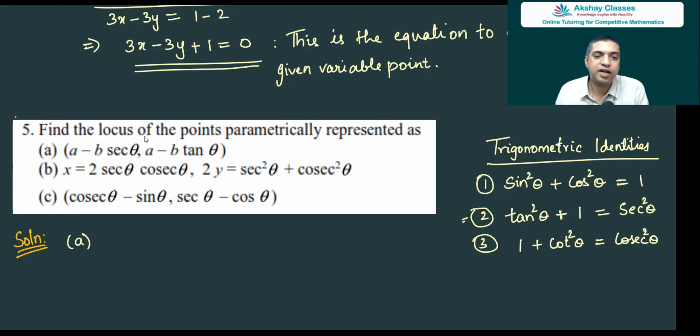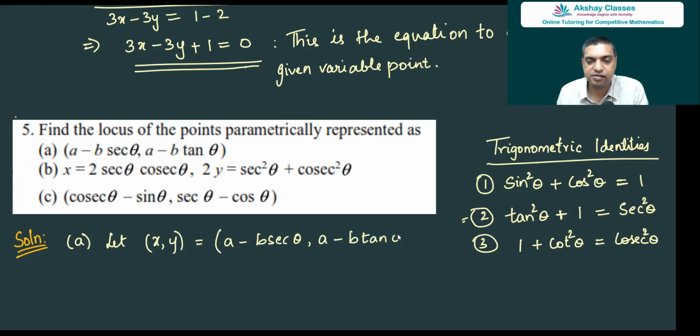So now find the locus of the points parametrically represented as: a minus b secant theta and a minus b tan theta. So let (x, y) be equal to (a minus b secant theta, a minus b tan theta).